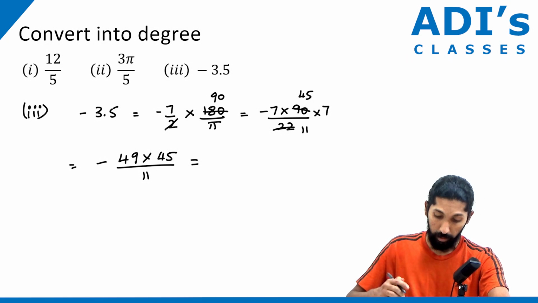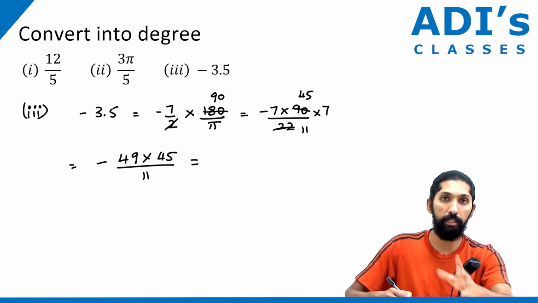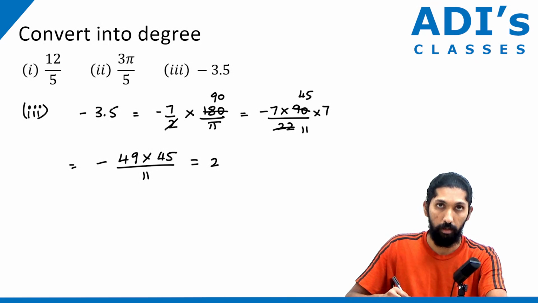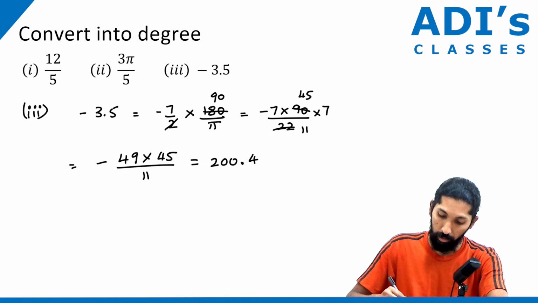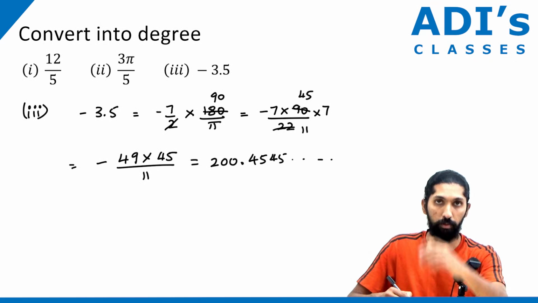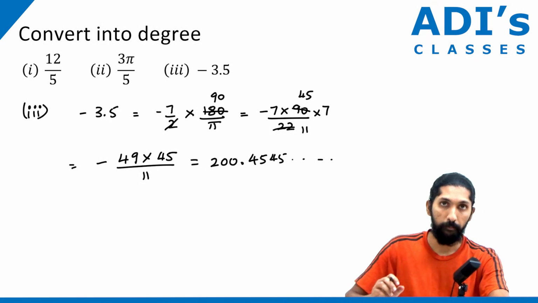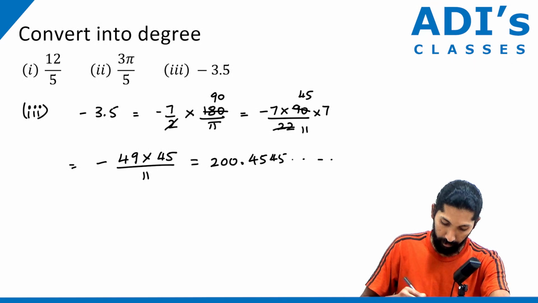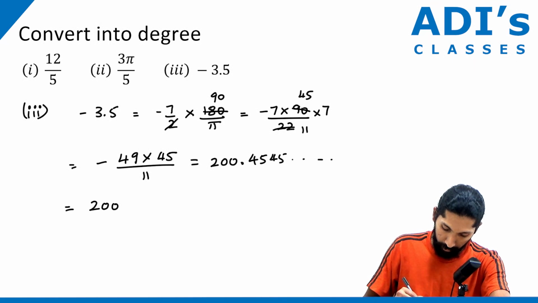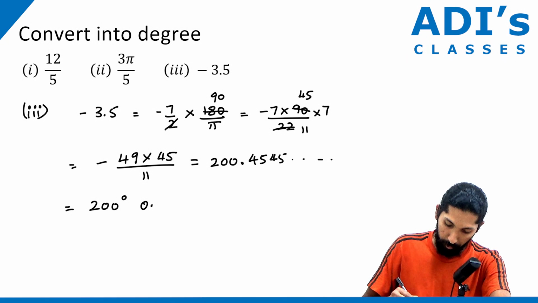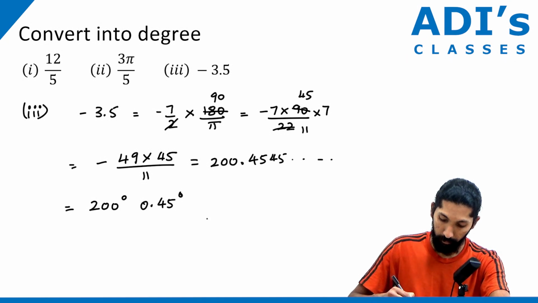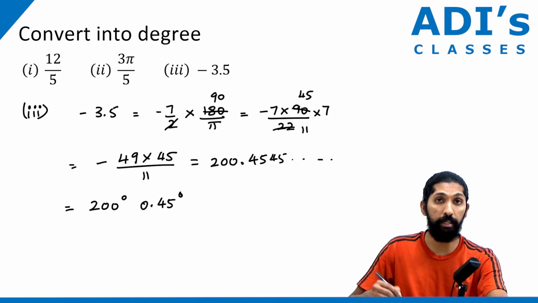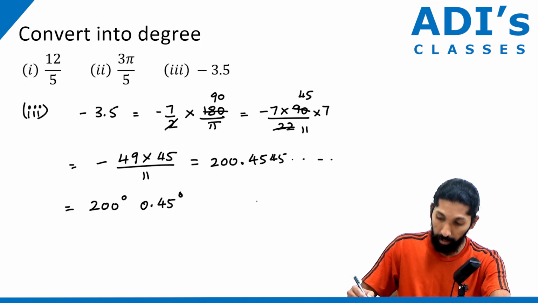Correct? So now if you do this one, you will get the answer as 200.4545 recurring. Keeps on going. Do the same logic. Take the 200. So we can write this as 200 degree 0.45 degree. Again, we have to convert the degree into minutes. The same logic.